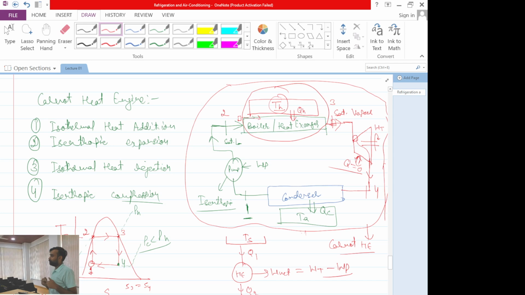Now I need to take heat from low temperature and reject heat at high temperature. Similarly, here I was getting work output; now I have to give work input. Understood? So all these things I have to reverse.